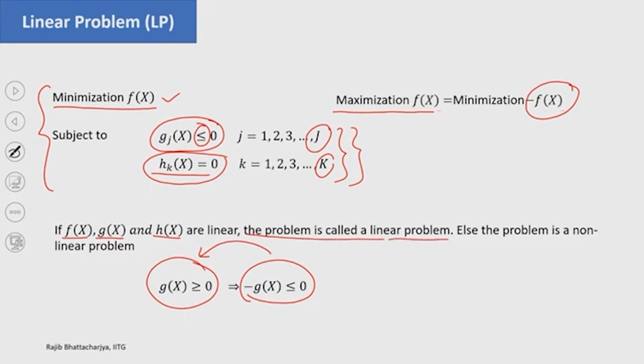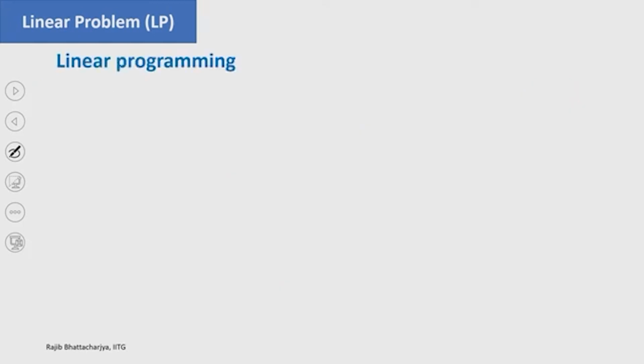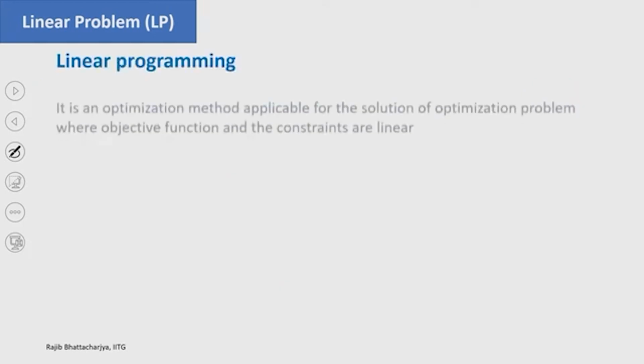If the objective function and the constraints are linear, we say the problem is a linear problem; otherwise it is a non-linear problem. We will discuss both, but in this class we will discuss the linear problem.